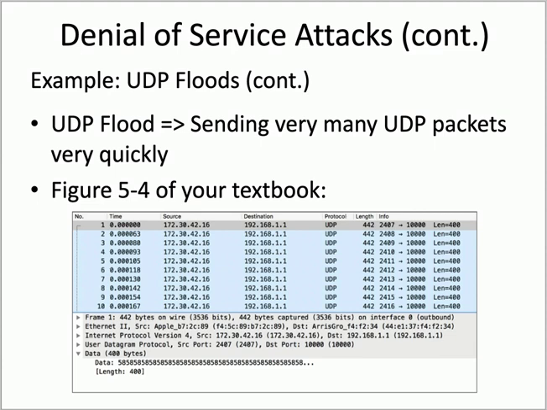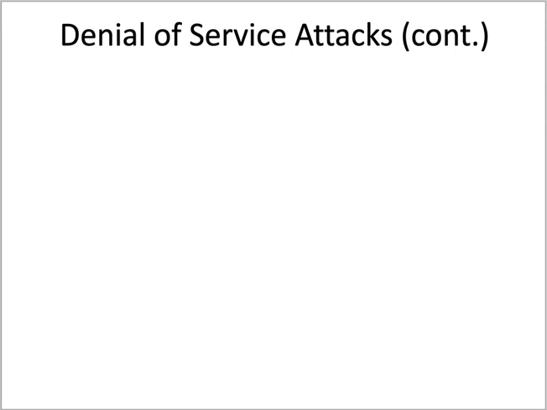Then look at the time offset from the first packet. These are in the hundredths of a thousandth of a second. So these packets are being sent very, very quickly, and what you're trying to do is, again, crash the protocol stack, possibly crash the machine.